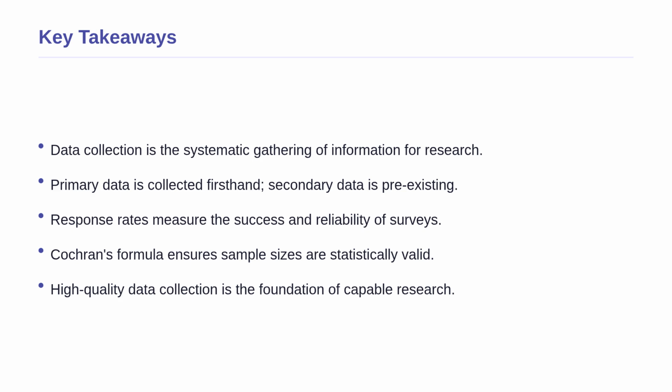Second, we saw that the quality of your research depends entirely on these methods. Remember, garbage in, garbage out. Finally, we utilized mathematical tools like response rate calculations and Cochrane's sample size formula to guarantee that our efforts are both efficient and scientifically valid.